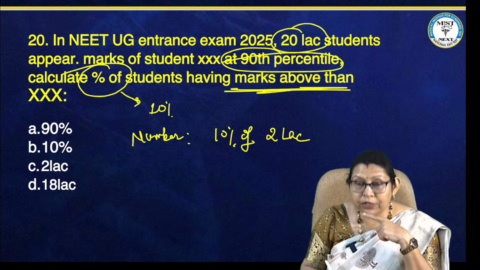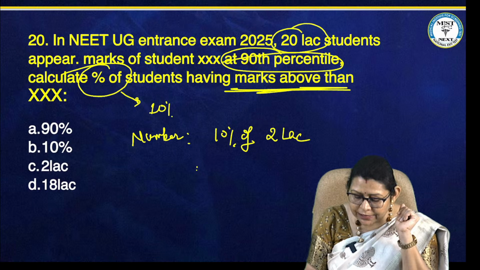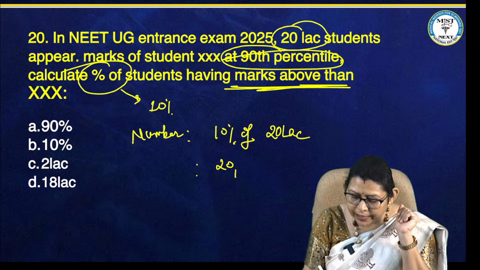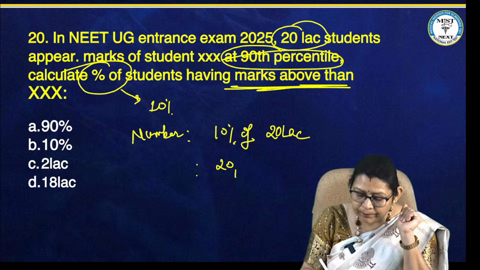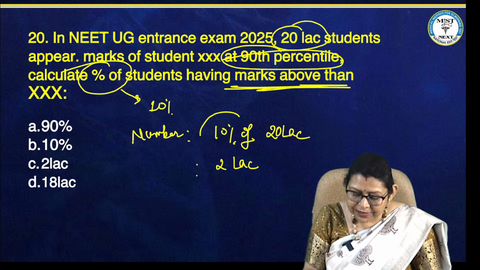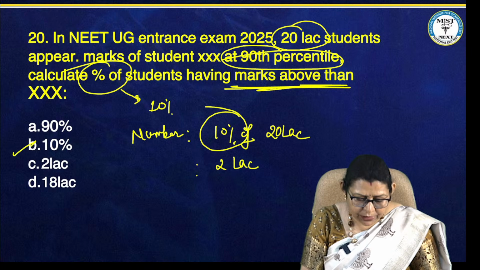The total is 2 lakhs. Sorry, 20 lakh. So 10% of the 20 lakh means 2 lakh will be having above, but they are asking percentage. So the correct answer will be your 10%.